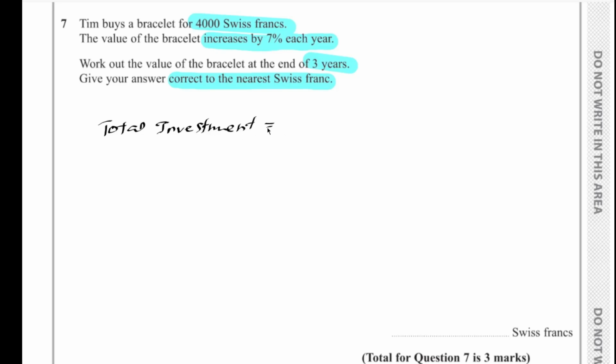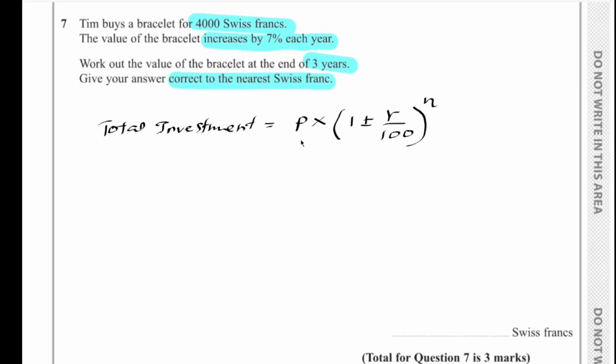Total investment is equal to P times (1 plus or minus r over 100) raised to the power of n.